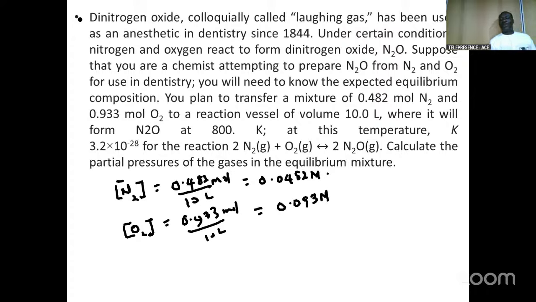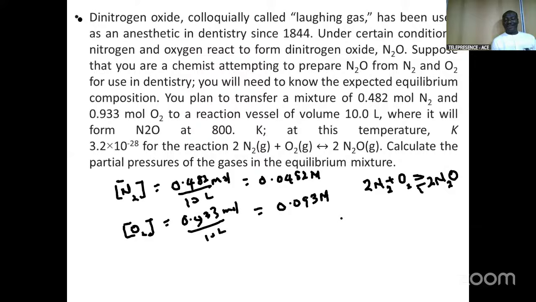Now, this is the equilibrium reaction. We have 2N2 plus O2 to give us 2N2O. The question is to calculate the partial pressure of the gases in the equilibrium mixture.